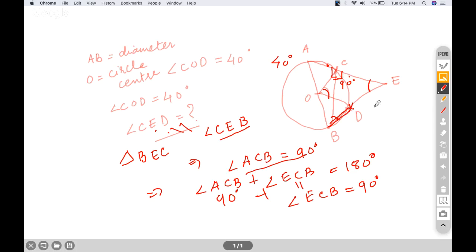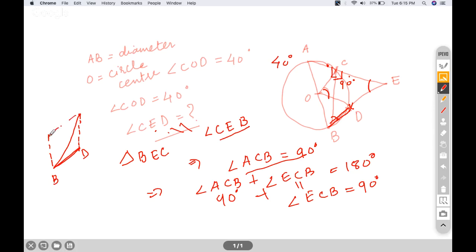Let me draw this here. This is chord DB. Here is a line going like this to C, and this line has not been drawn. I am reconstructing this line because this chord DB is making what angle? This is making an angle of 40 degrees on the center.